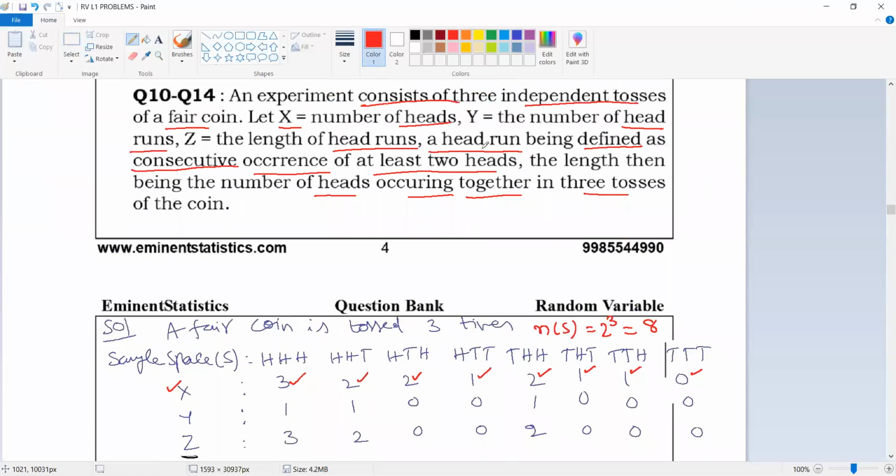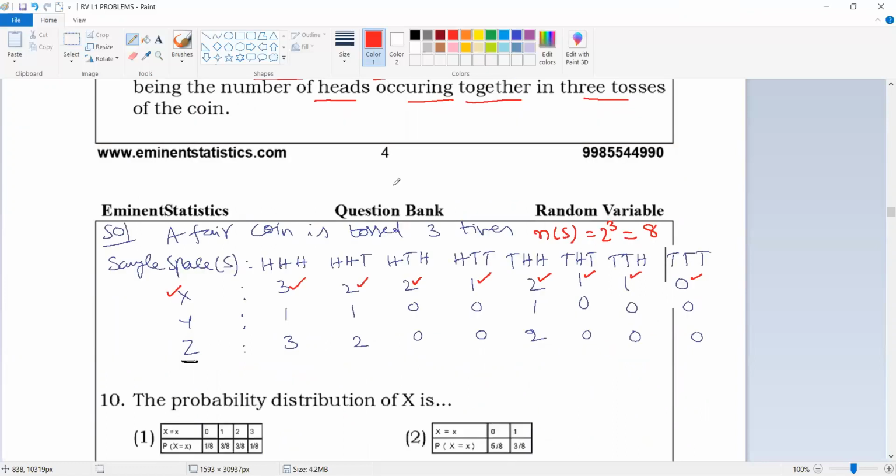Now what is Y here? Head run is defined as the consecutive occurrence of at least 2 heads. Here it is 3 heads, so 1 head run. Here also at least 2 consecutive heads, so 1. But in this one, there is a tail between the 2 heads, so this is not a head run.